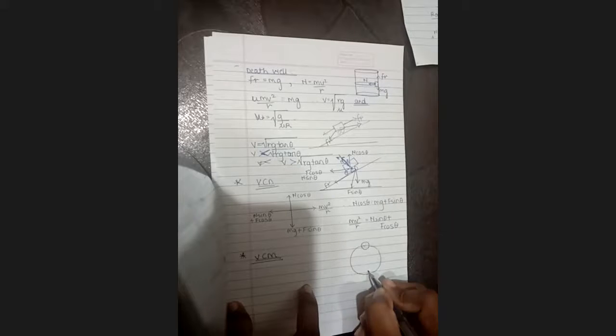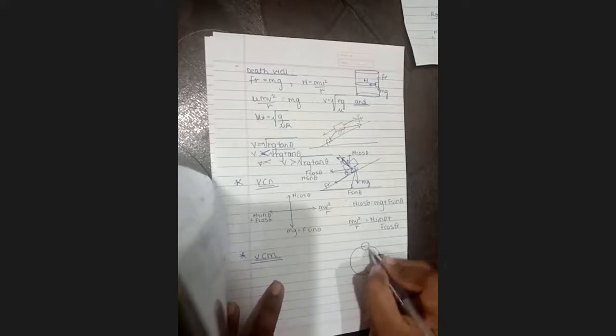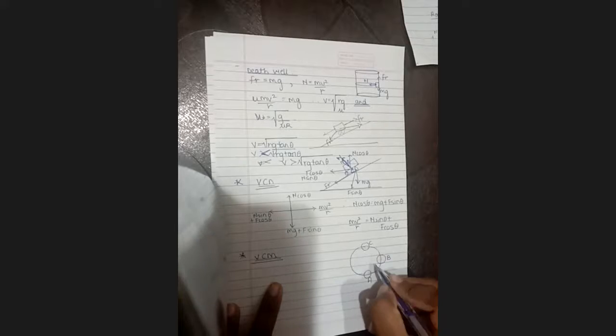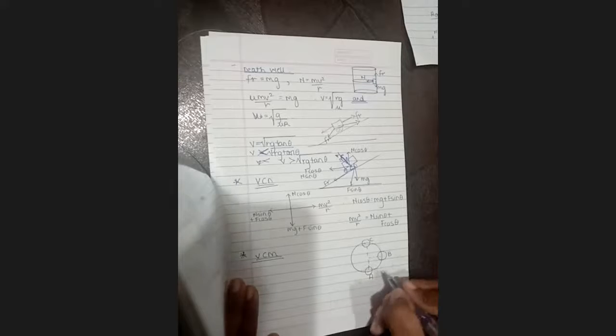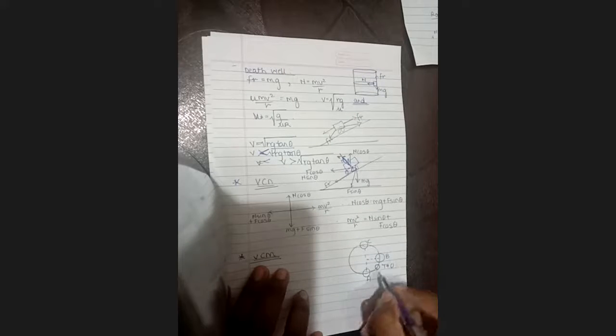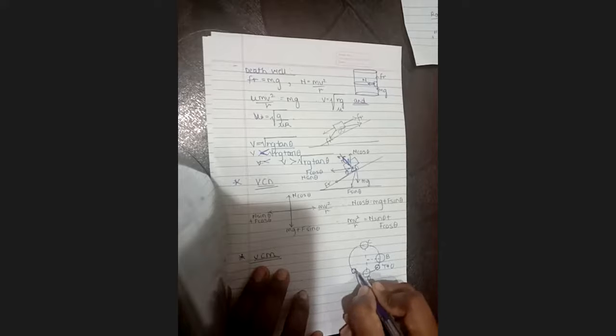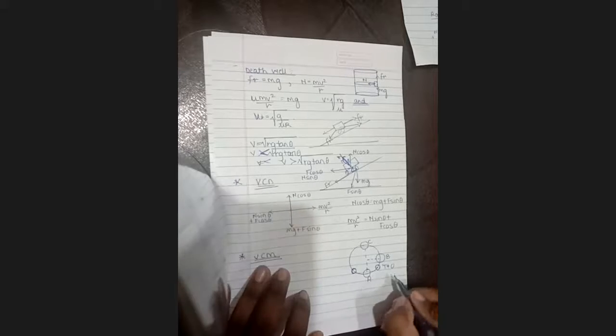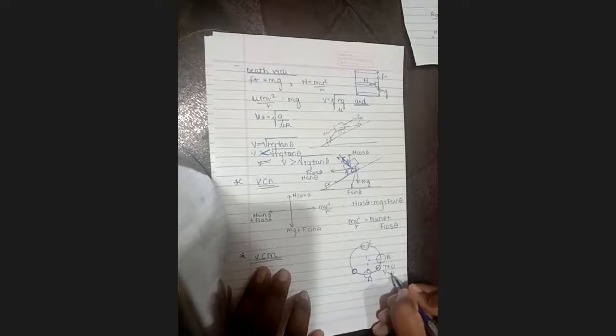So this is C, B, and A. When the ball is between A and B, the tension is never zero, so it will keep on oscillating from here to here, and its velocity need not be zero at this point.